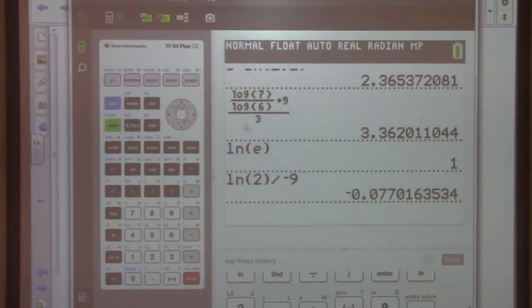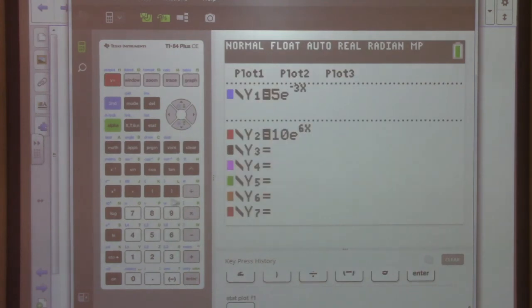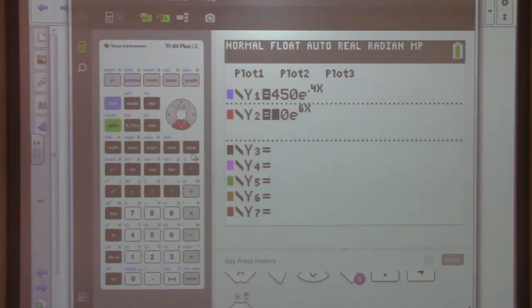So I had 450e to the power of, you say 0.4x? How do I get up there? So 0.4x, that's it, isn't it? And this other one here is 2,000, you said?